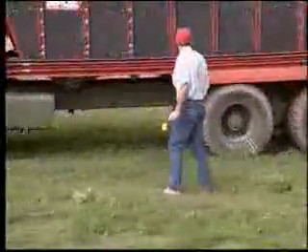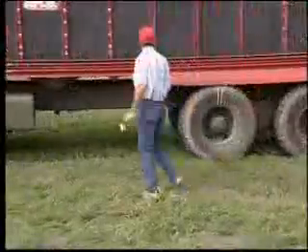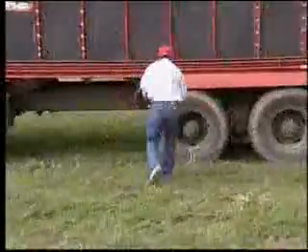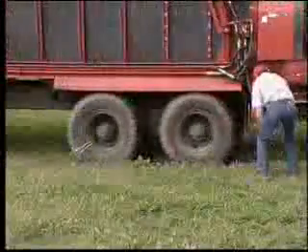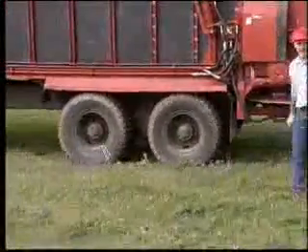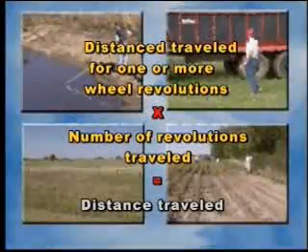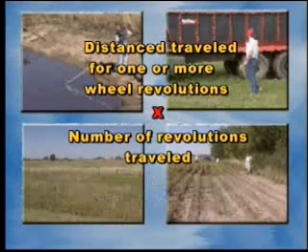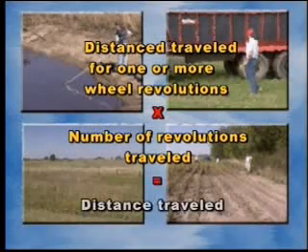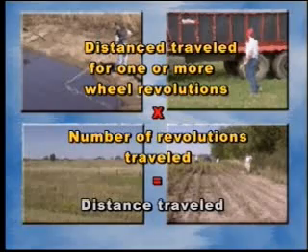You can mark the beginning and the end of this with a flag and then measure that distance. From that point, we can easily count the number of wheel revolutions it takes us to empty the spreader. Those two factors, distance traveled for one or more wheel revolutions times the number of revolutions traveled, will get us the distance to travel for emptying the spreader.